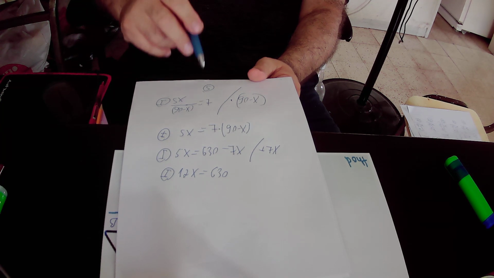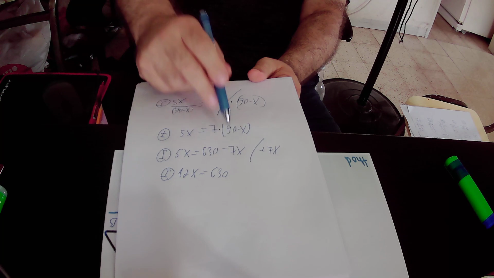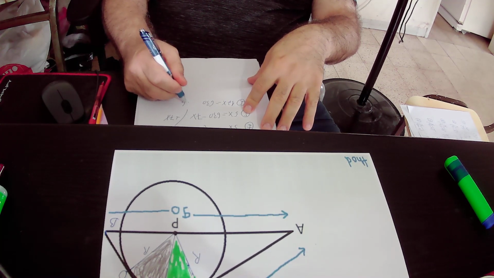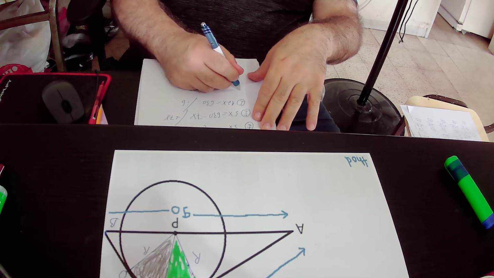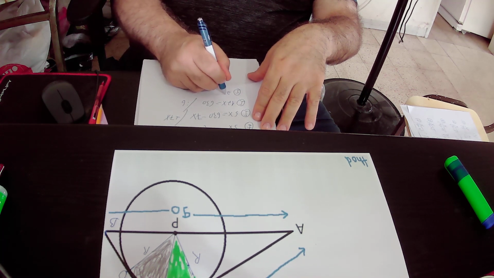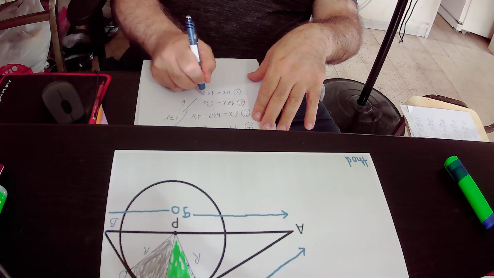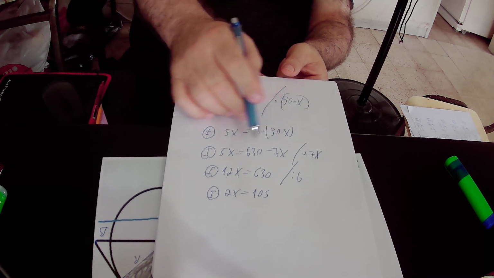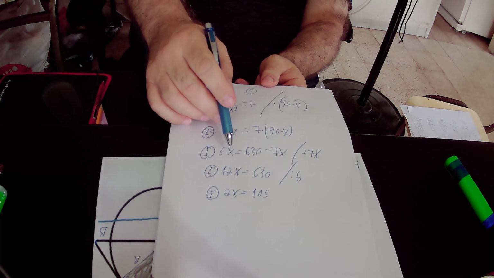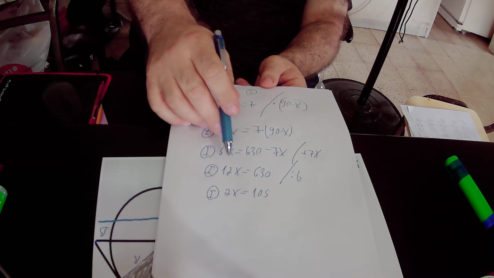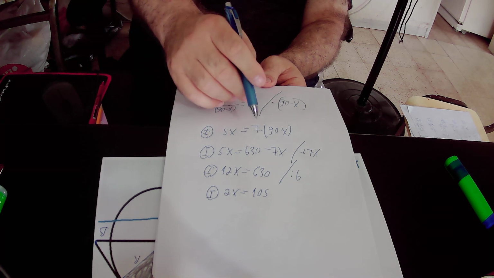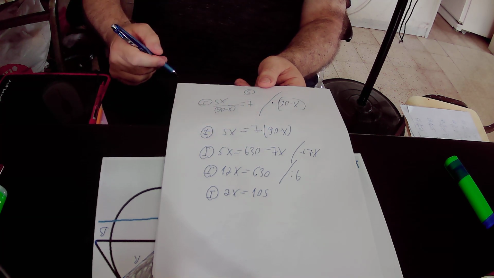Now we'll divide both sides of the equation by 6. So here we divided both sides of the equation by 6, so 12x divided by 6 equals 2x, and 630 divided by 6 equals 105.